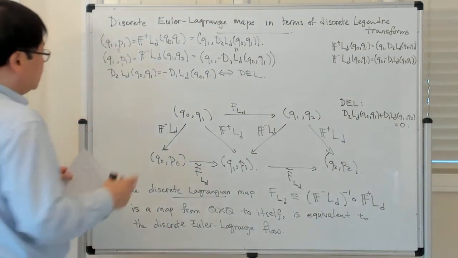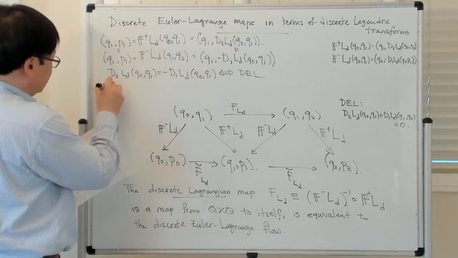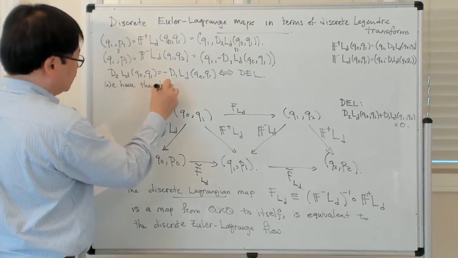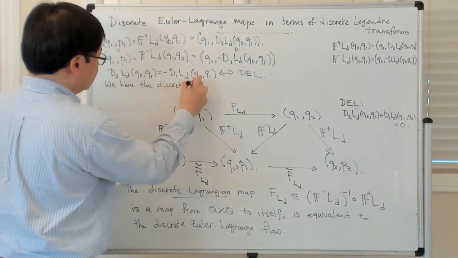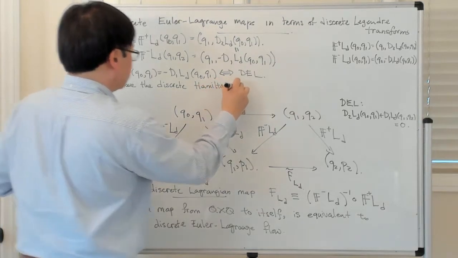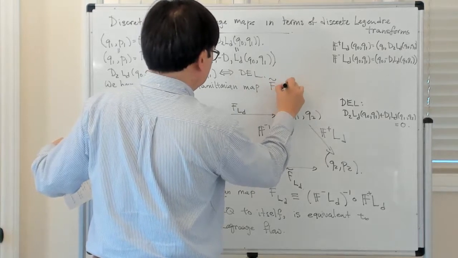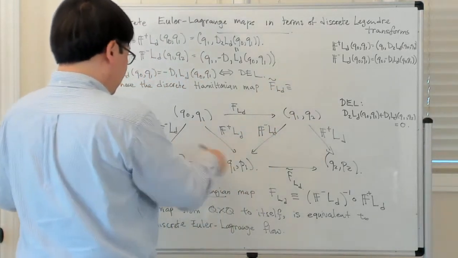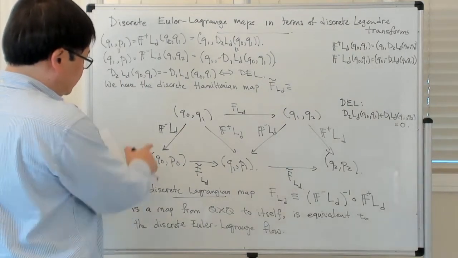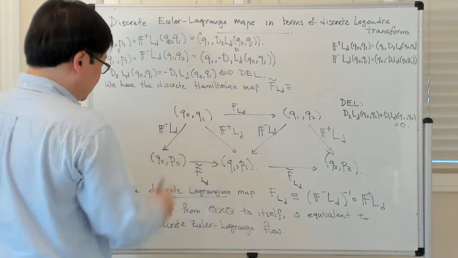Okay, so then we have the discrete Hamiltonian map. I called it F tilde LD, and it's defined to be, again, whatever is necessary to make this diagram commute. So I need to go up this way first and then down, right?